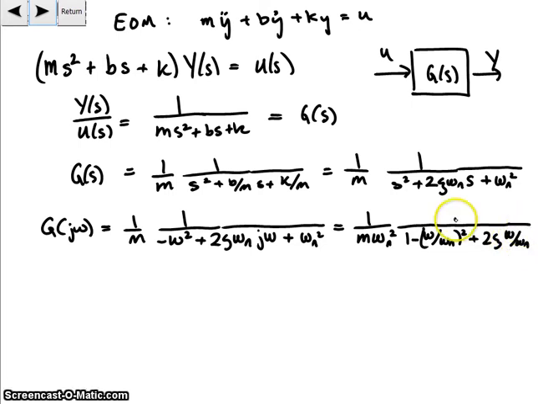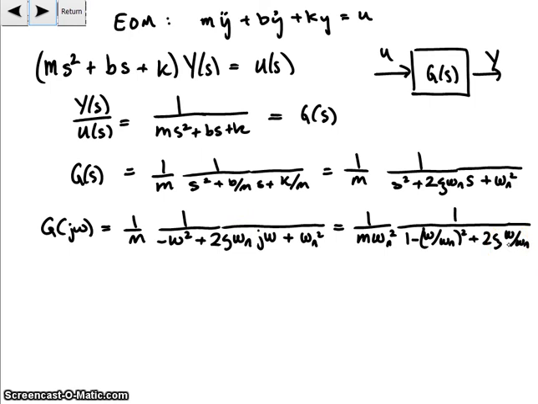I'll put a 1 here. So what I did was I divided everything by omega n squared. When I do that, I get minus omega over omega n squared. That's this term. This becomes 1, and that's this term here. And then the 2 zeta omega n times j omega, well, I get rid of one omega n, and so I need omega over omega n.